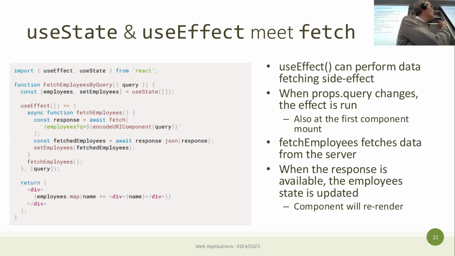Otherwise, without the useEffect, you only have the option to write something inside the component, but then it's run every time the component is rendered. It is not what you might want. Typically, you load the data from the server only at the beginning, and then when you think it's appropriate, so you changed something, you added something, you deleted something, and so on. Not every time you render the component.